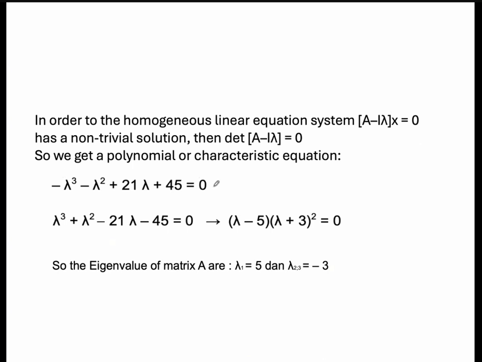If we have a polynomial equation, we can find the values of lambda, the eigenvalue. The eigenvalue can have more than one value, and for this case we have two different eigenvalues.